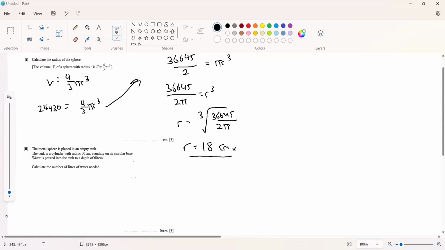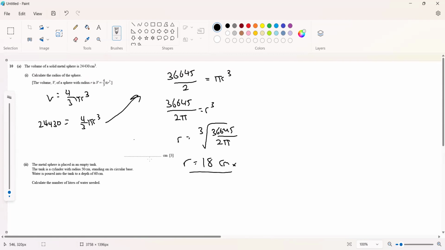So the metal sphere is placed in an empty tank. The tank is a cylinder with radius 50 cm standing on a circular base. Water is poured into the tank to a depth of 60 cm. Calculate the number of liters of water needed. Now, the thing is that we have already put a sphere inside. So you've already accounted for a certain amount of volume of the sphere in this case.